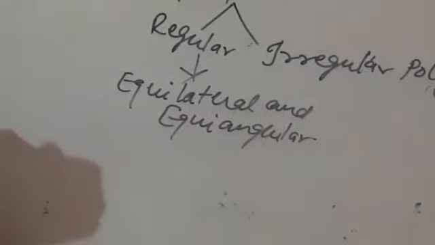For the regular polygon, you must understand two things: equilateral and equiangular. Okay, these two words will make you confirm about the regular polygon and the irregular polygon.